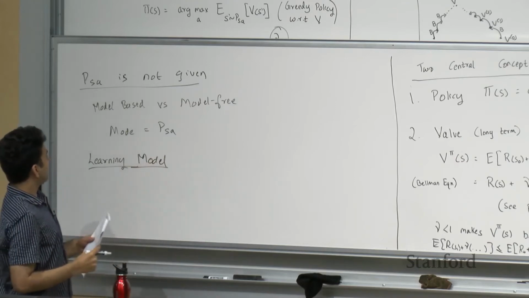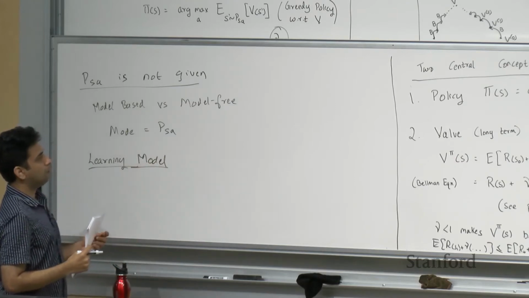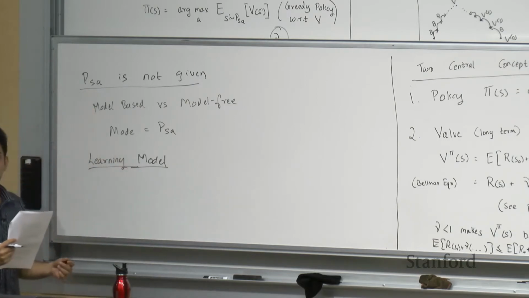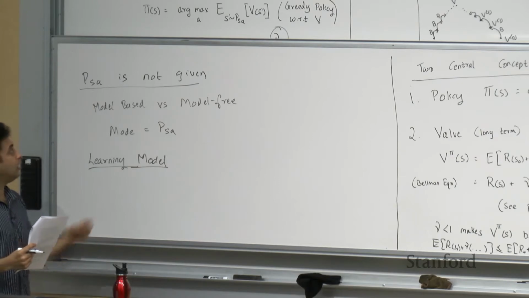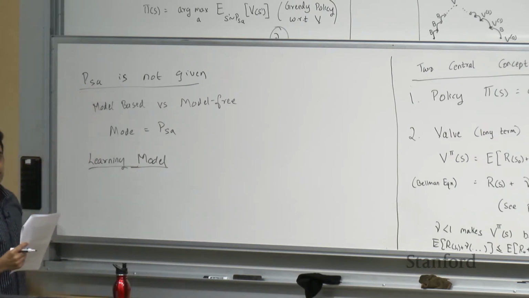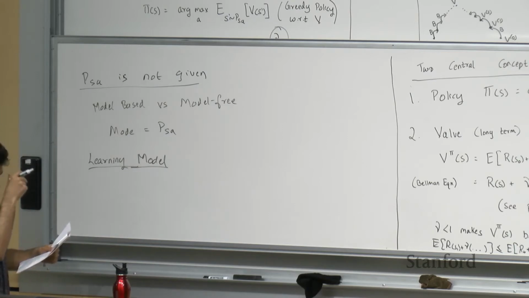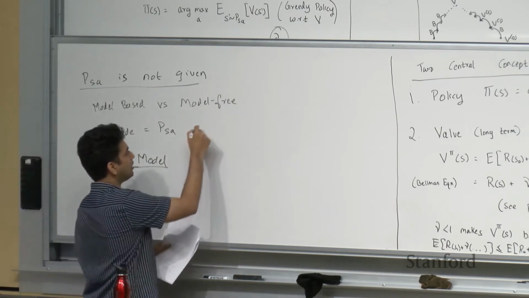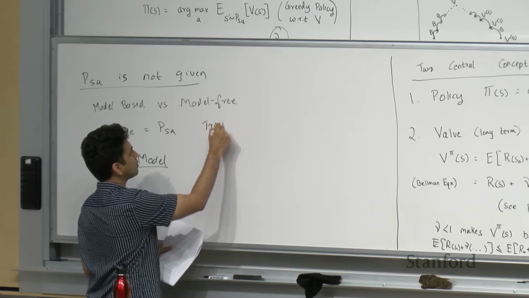So, supposing we don't know how the transitions work, we don't know what state we might end up with, and supposing PSA is not given, what do we do? When PSA is not given, the one thing that we can do is, assuming we have some kind of a simulator where we can run these experiments, run multiple trials, right?